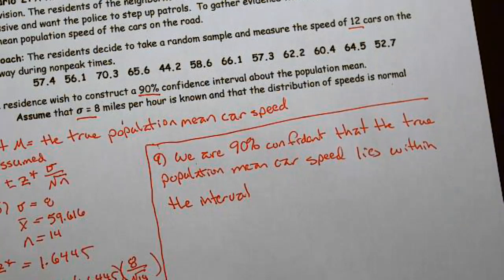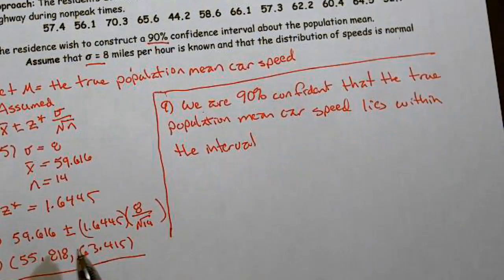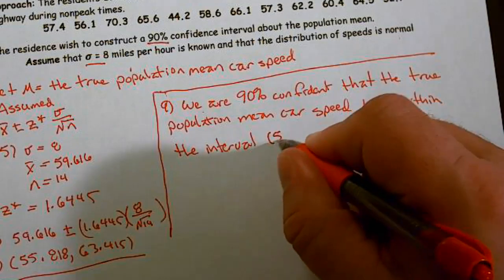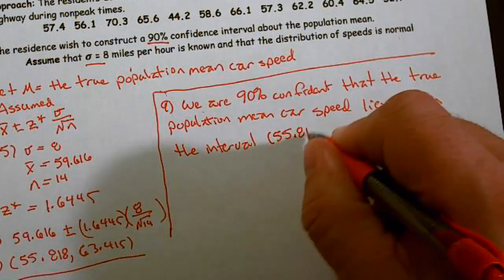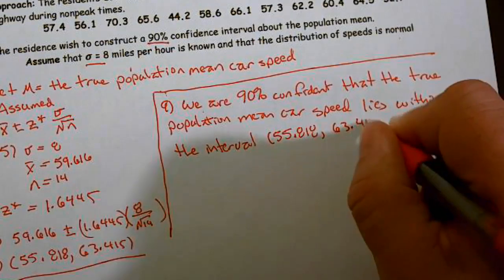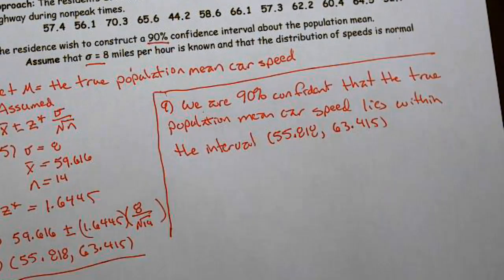And what was our interval? Well, we calculated it here, and it was 55.818 to 63.415. And that takes care of number 9.